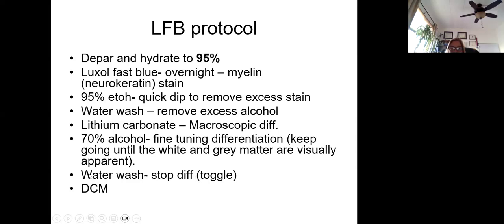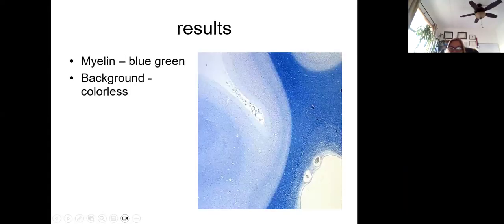The only time you have to is if you look at this microscopically in water and find that you still have some bleeding between your gray and your white matter, then you can go back and fix it. But you don't have to go back and fix it, okay? Then you're going to DCM. And this is what it looks like. You can see how the myelin is this deep blue color, and then everything else is somewhat colorless.